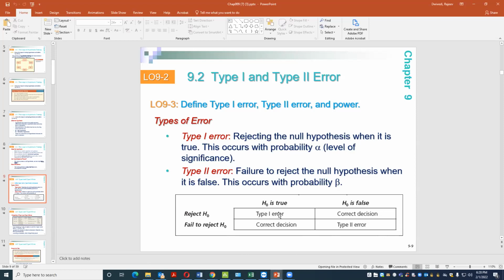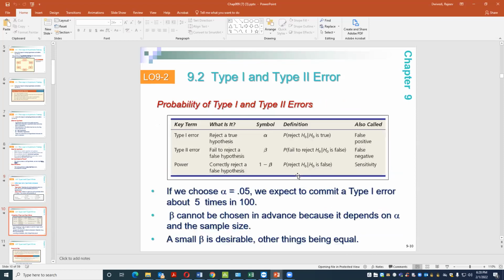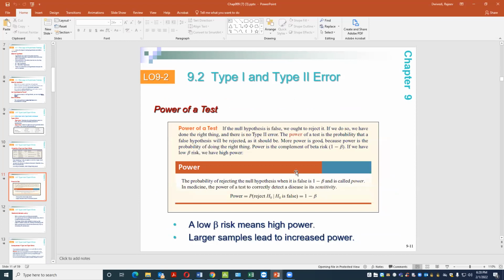The hypothesis is true, but you reject it. So it is also called type 1 or type 2 error, alpha error or beta error. I will explain how to deal with this. I'm not going into type 1 and type 2 error now because it will become more complex, and we don't have a question related to this.